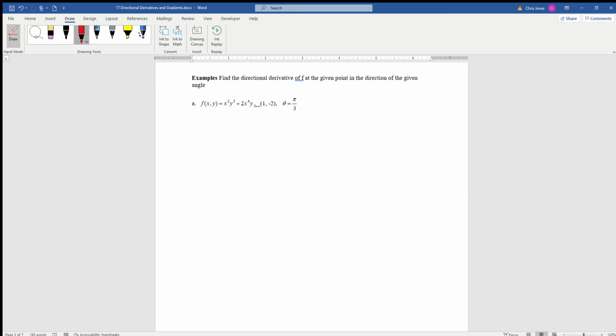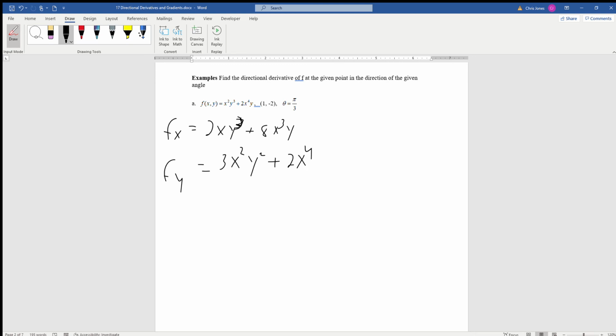For our partials, we end up with f sub x is 2xy cubed plus 8x cubed y. And f sub y is 3x squared y squared plus 2x to the 4th.